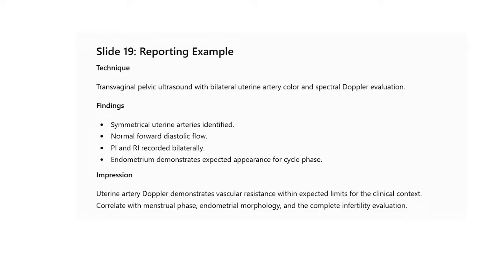So the reporting example, how do we report? How do we report on these Dopplers? So the technique: transvaginal ultrasound, bilateral uterine artery color and spectral Doppler evaluation. So the findings: symmetrical uterine arteries identified, normal forward diastolic flow, PI and RI recorded bilaterally, endometrium demonstrates expected appearance for cycle phase.